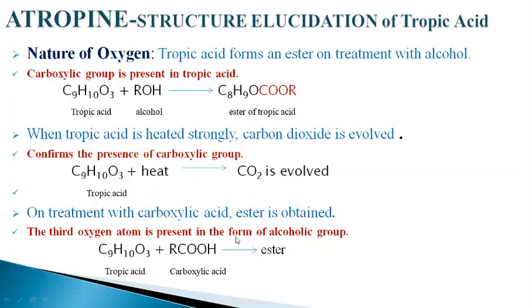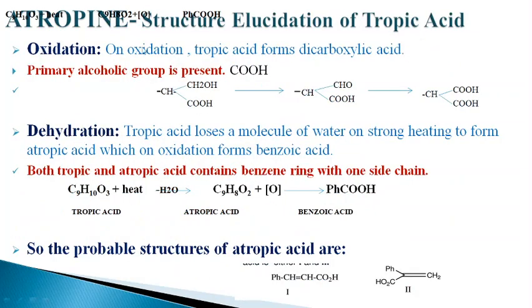Next step is to determine whether this alcoholic group is primary, secondary or tertiary. Now on oxidation, tropic acid forms a dicarboxylic acid. This is the part of our skeletal structure consisting of COOH, tropic acid, and on oxidation it converts into a carboxylic group.